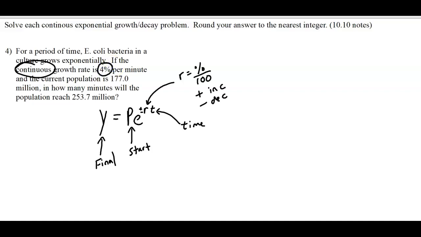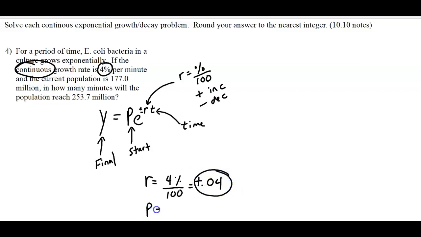So as I read this problem here, that's my r value. So r is going to be 4%, but we're going to divide that by 100, which is 0.04. And notice that we have the population is growing, so that means it's going to be a positive 0.04. That's my r value.